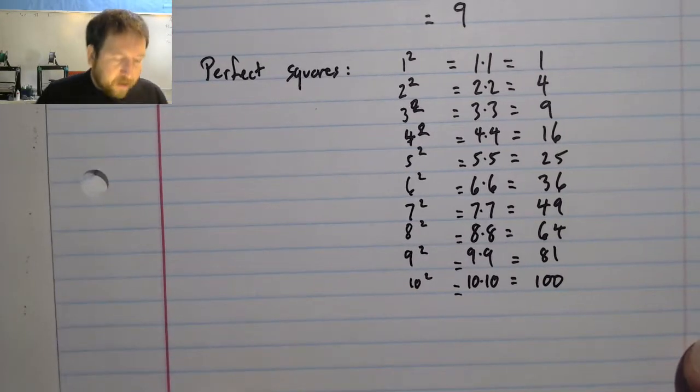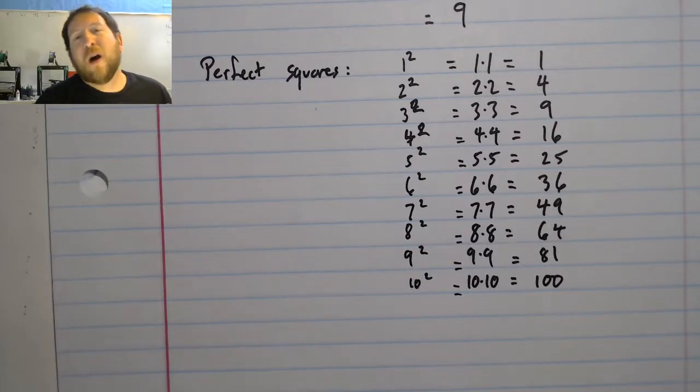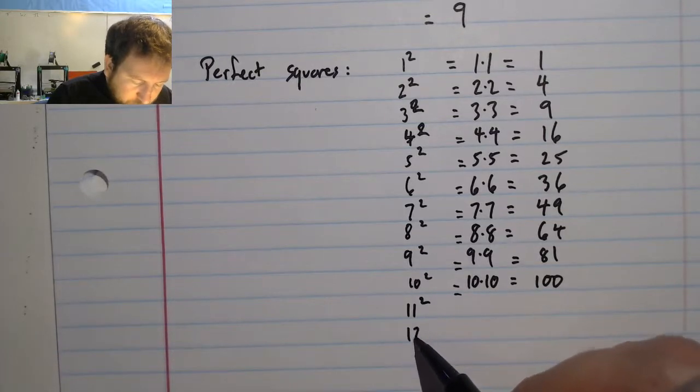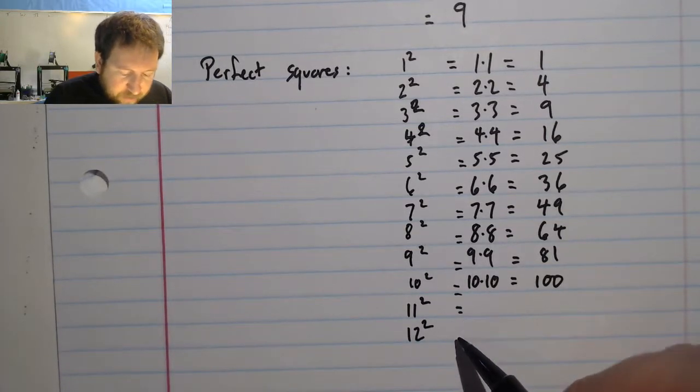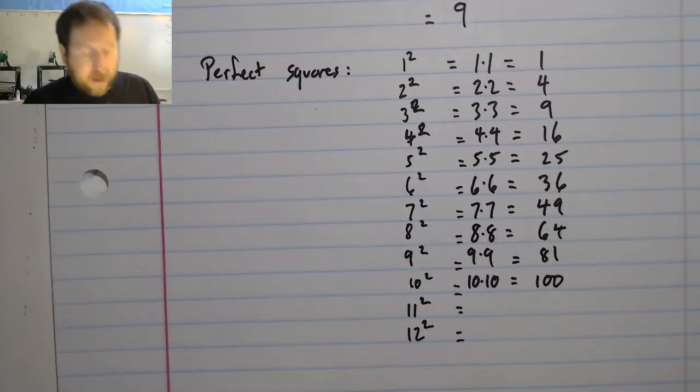And these are the perfect squares that we should absolutely know. And in fact, we often go a little bit higher. We do 11 squared and 12 squared. The reason we do those is because of the stupid inches, because inches go up to 12. And it's important to know the facts using 11 and 12.